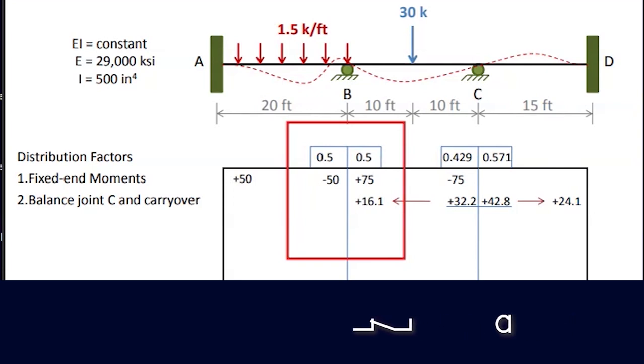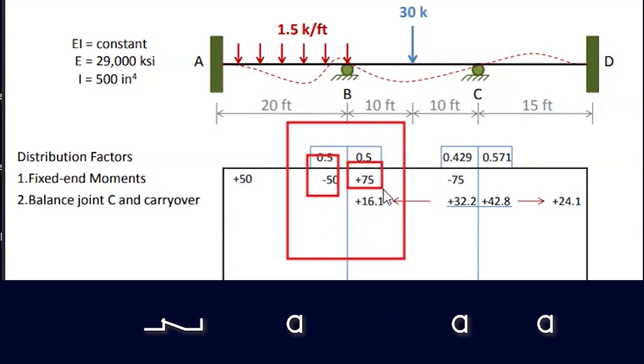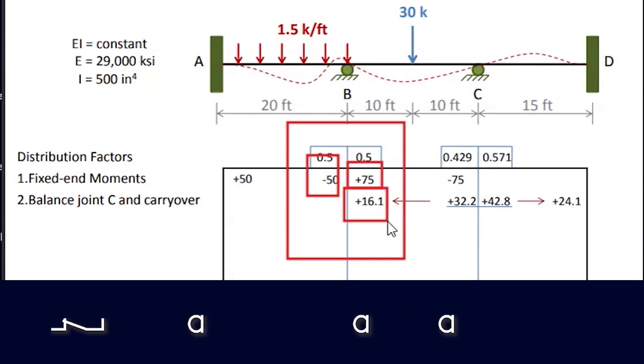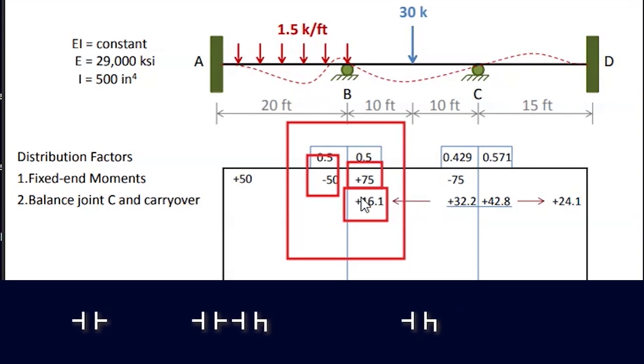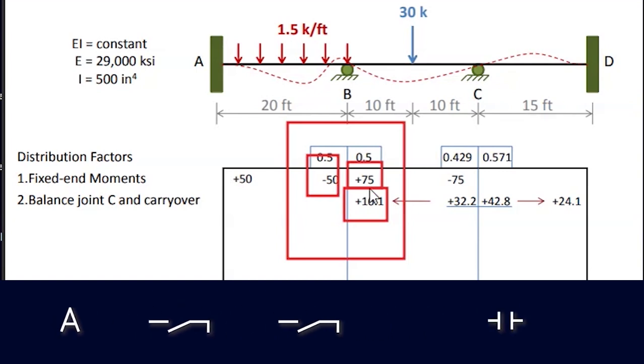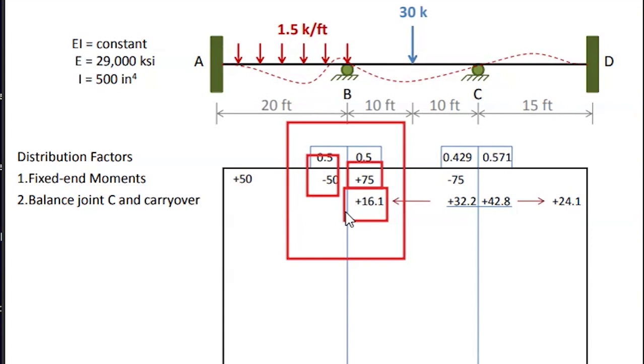How is it unbalanced? Look, there is a positive moment here, and there is a carried moment from joint C here. So if we sum this one, you can have a positive value moment. It means negative 50 plus 75 plus 16.1.